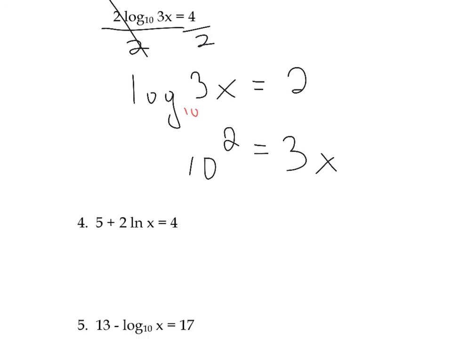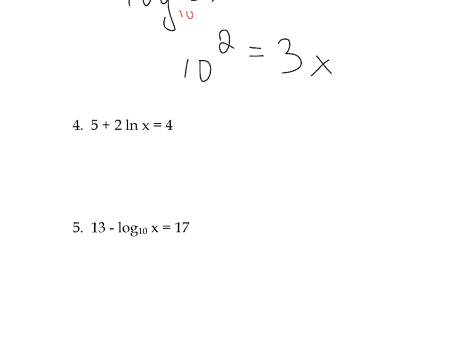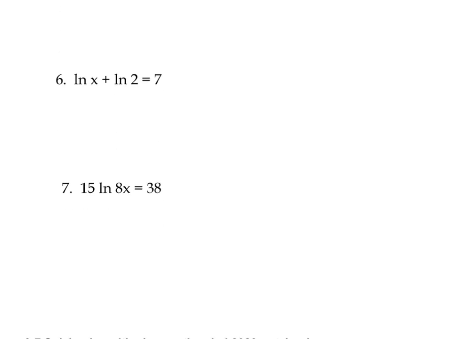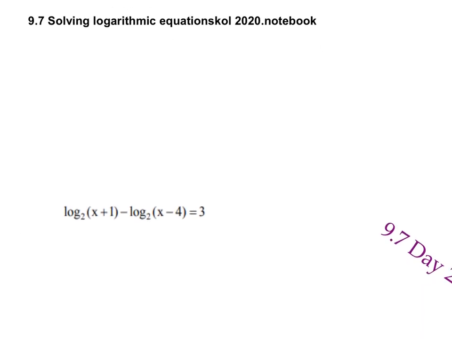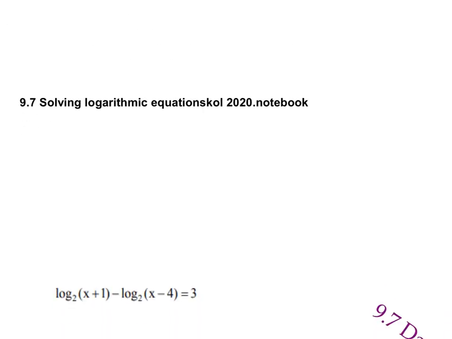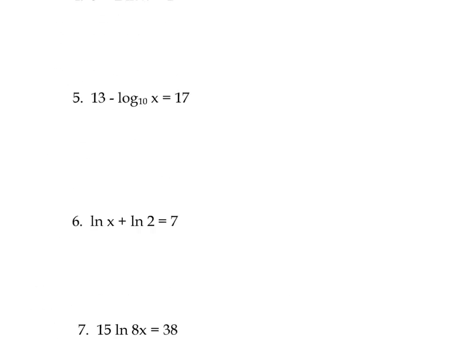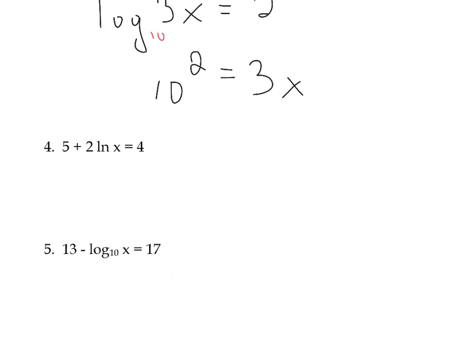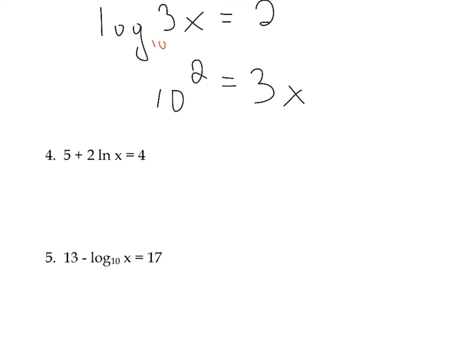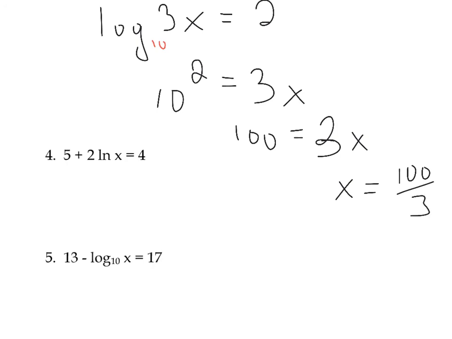So you get 100 is equal to 3x, and if you divide by 3, x is equal to 100 over 3.